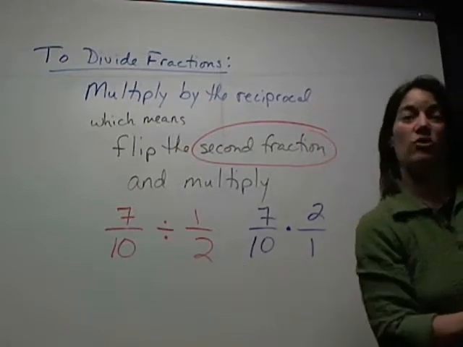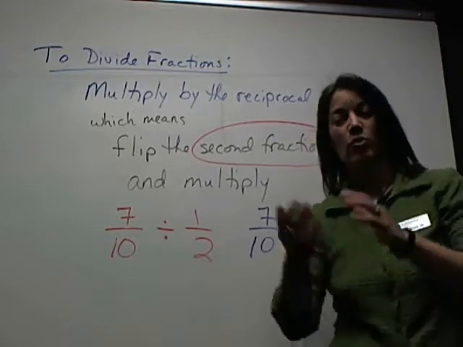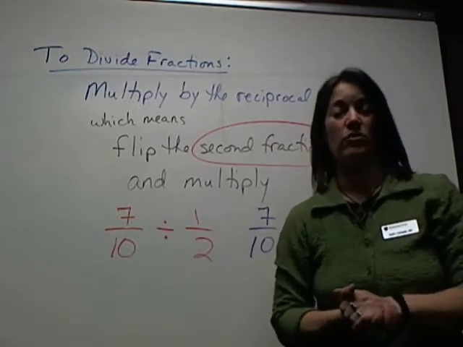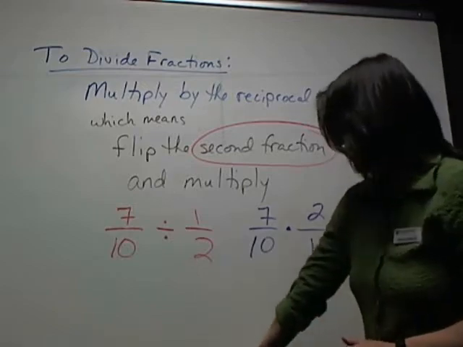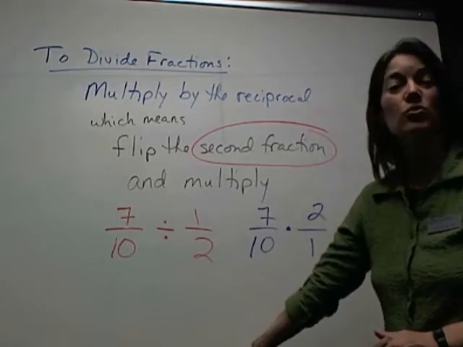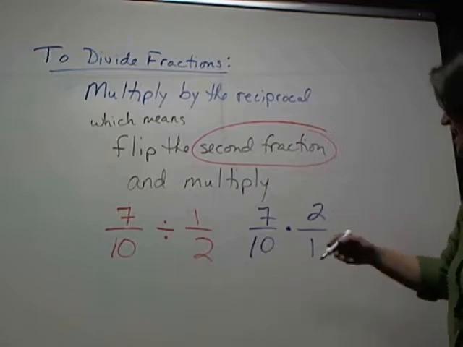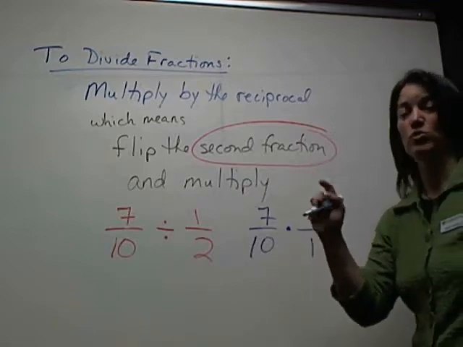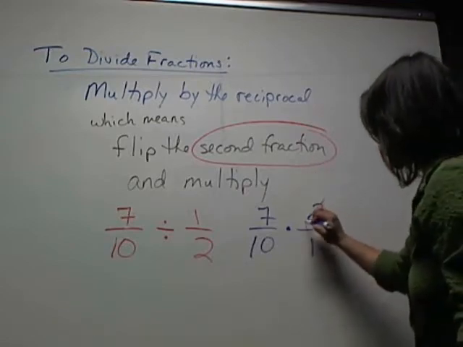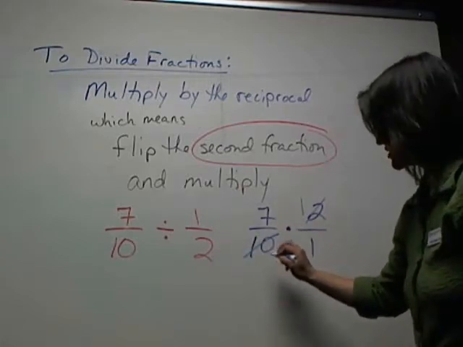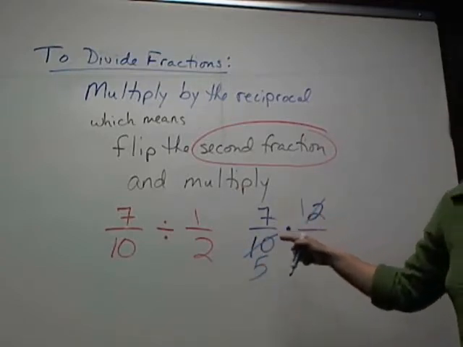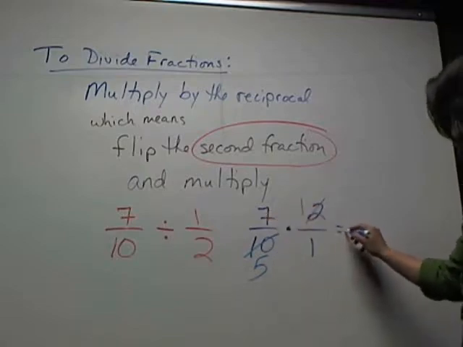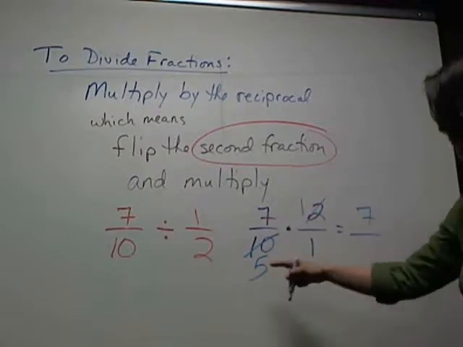Either I multiply straight across and then I reduce, or I reduce and then multiply straight across. In this case, I recognize that I have a common factor of 2 on top and bottom with the 2 and the 10. Remember, you can only reduce with 2 numbers. So 2 goes into 2 once, 2 goes into 10 5 times. Multiplying straight across, I then have 7 times 1, which is 7, and on the bottom I have 5 times 1, which is 5.